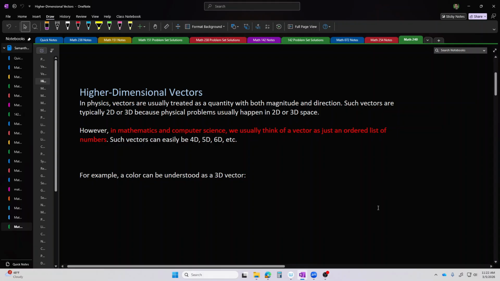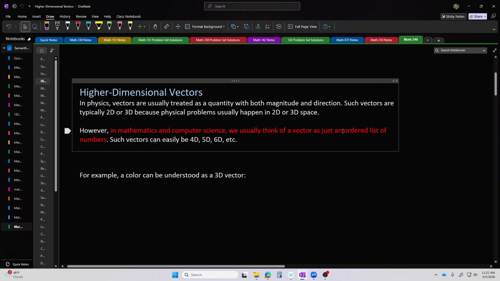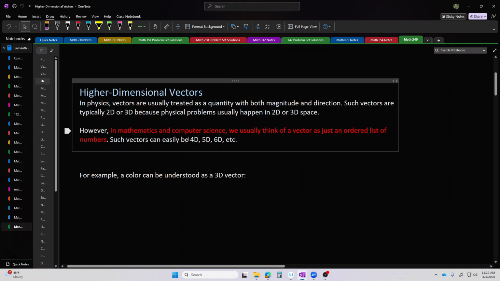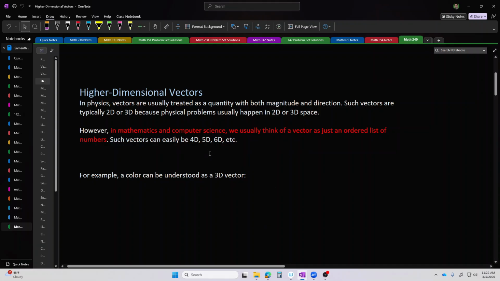Instead, we usually think about vectors as just a data structure containing an ordered list of numbers. And if a vector is just an ordered list, then it totally makes sense that you might have 4 entries in your list, 5 entries in your list, 6 entries in your list, etc.